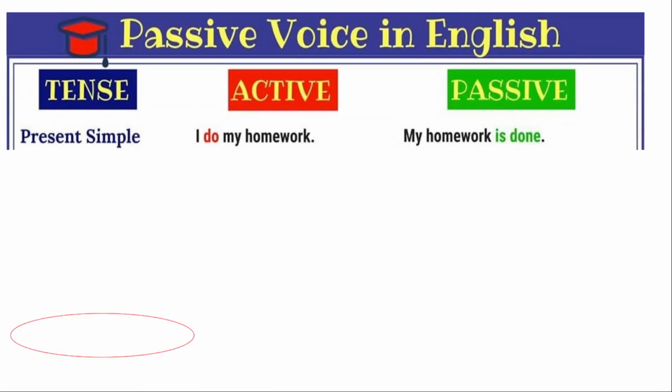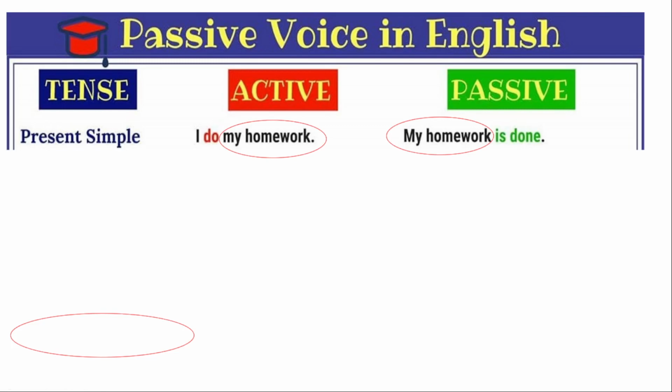As we saw last week in simple present, I have to be very careful to see the verb. In what tense is my verb so I can make the passive properly? Let me remind you that my object, I will bring it as my subject to make the passive.